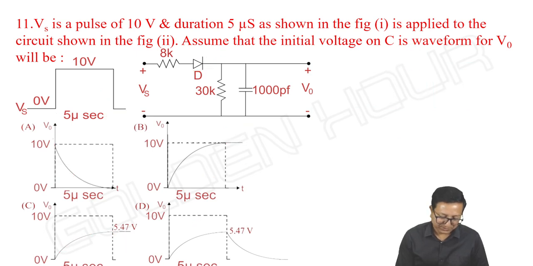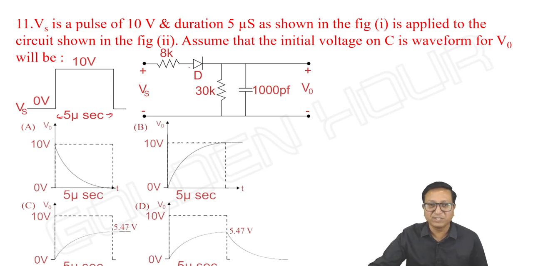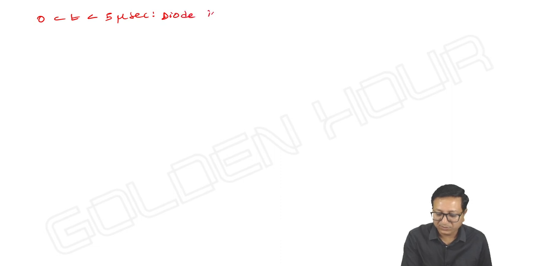Okay, let us see. Let me check the things. So over the interval 0 to 5 microseconds, 0 less than t less than 5 microseconds, diode is on.